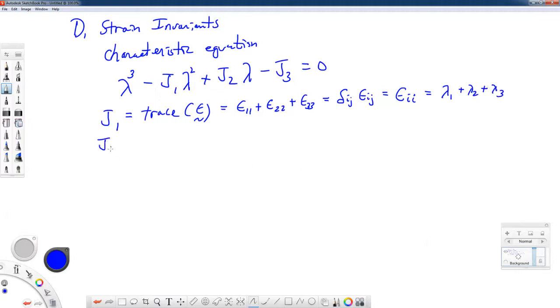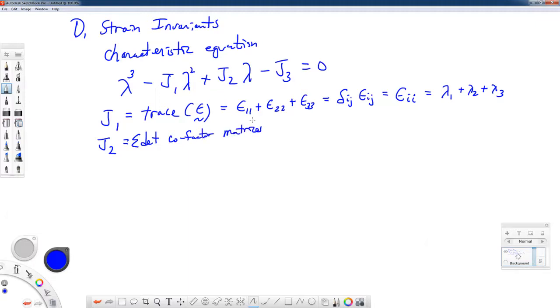The second invariant of the strain tensor can be determined as the determinants of the 3 cofactor matrices added together. So let's write it this way: summation of the determinant of the cofactor matrices.